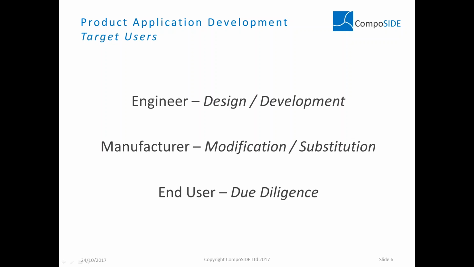And as an end user, if you're receiving a product, you want to know that your product is safe to use and that it's optimized, it's lightweight, and stiffness meets your requirements. So you can perform a due diligence. So I'll now hand over to Sam, who will take you through selection approaches for composite materials.